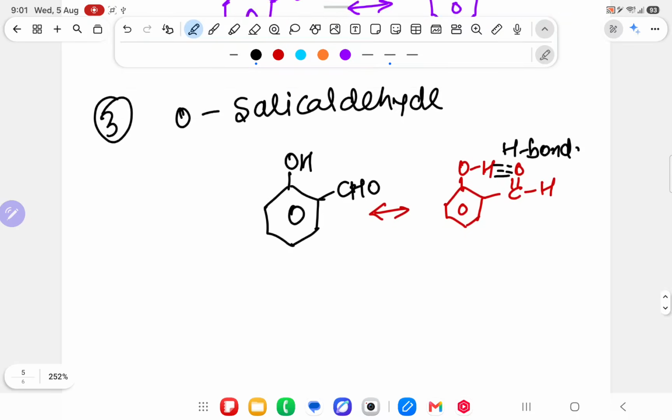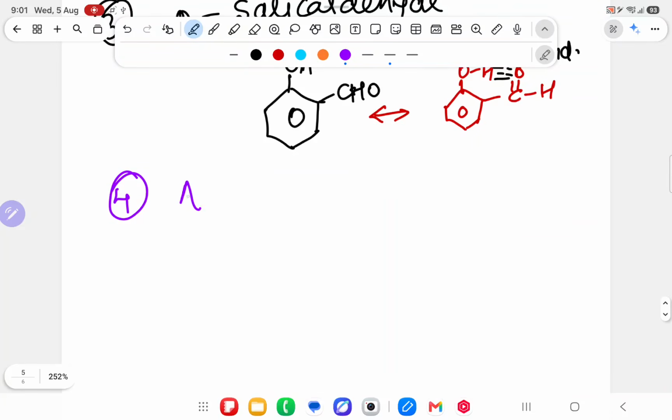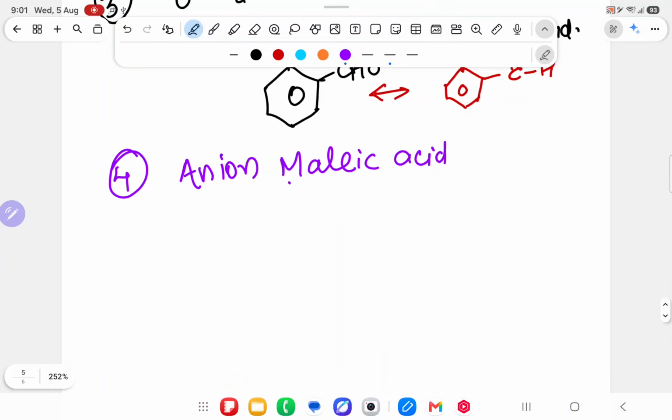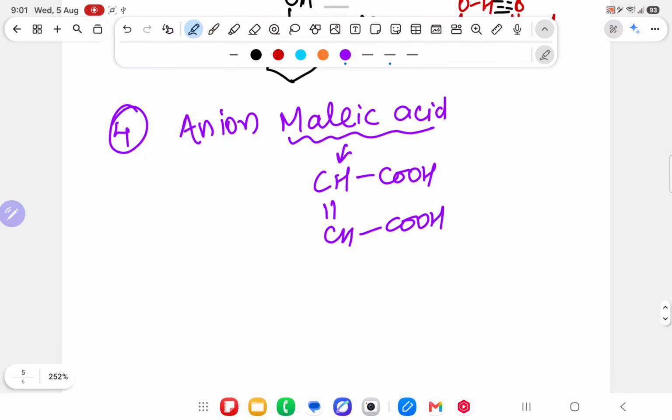Now another one we have to check. The fourth one is the anion of maleic acid. The maleic acid formula is CH double bond CH, COOH, COOH. First make the anion of this. If you make the anion of this, what will you do?